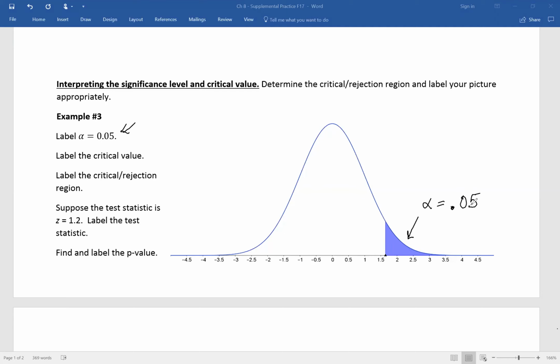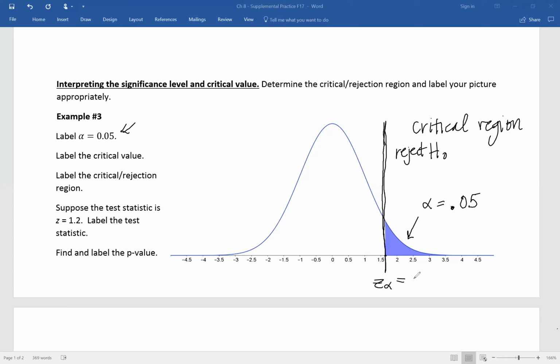So any z-score that we get that's beyond this critical value, we call the critical region, and we would end up rejecting the null hypothesis. So this shaded region up here for those z-scores is called the critical region, and we would reject the null.